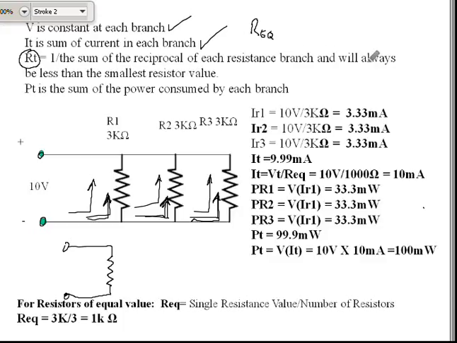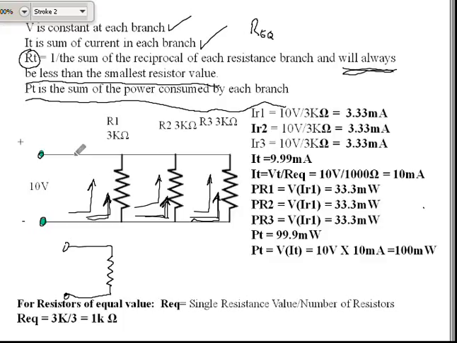The total will always be less than the smallest resistor value. So if you come up with an equivalent resistance that is greater than the smallest resistor value, you know you've made a mistake. Finally, the total power is the sum of the power dissipated by each individual branch.